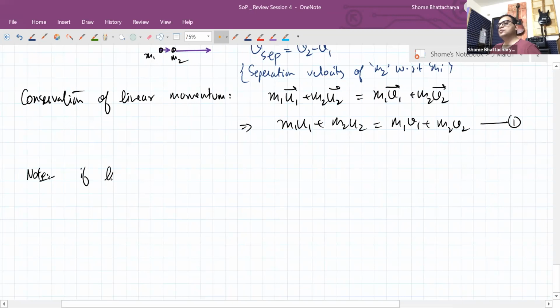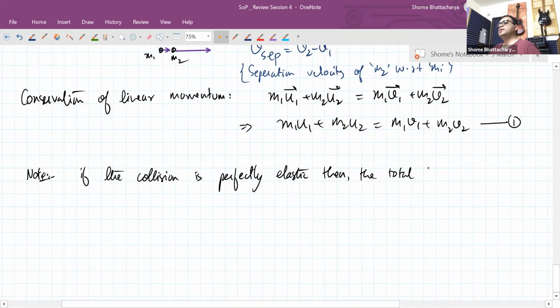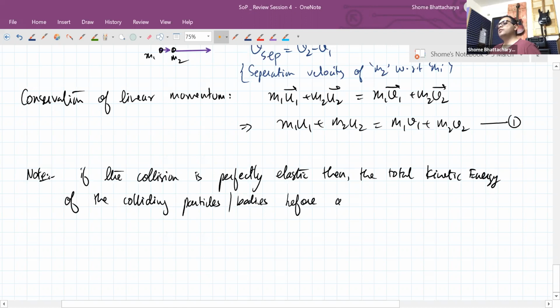So, perfectly elastic, and the total kinetic energy of the colliding particles or bodies before and after impact is conserved.